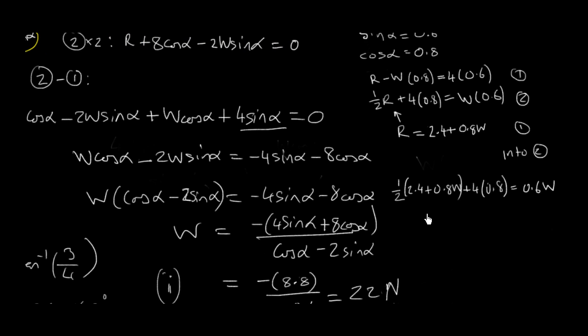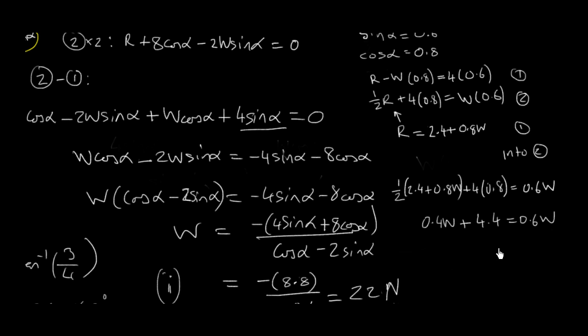And from here, well, 1/2 of 2.4 is 1.2, 4 times 0.8 is 3.2, so that is 1.2 plus 3.2, which is 4.4, so this would be 4.4 there, 0.6 w here, and here 1/2 times 0.8 w is 0.4 w.